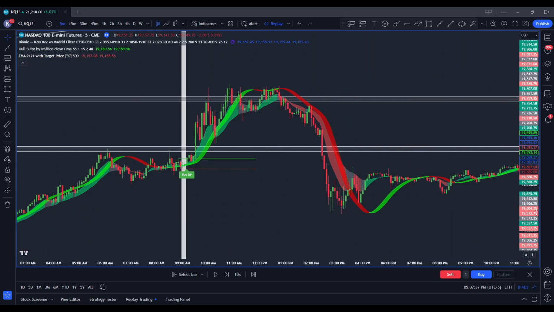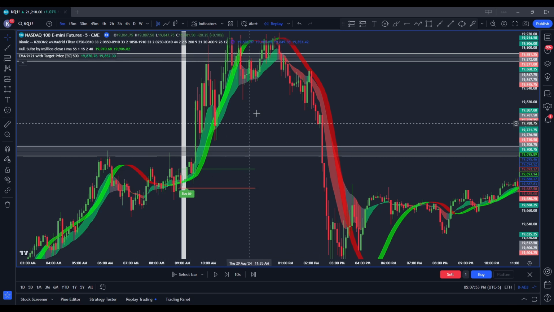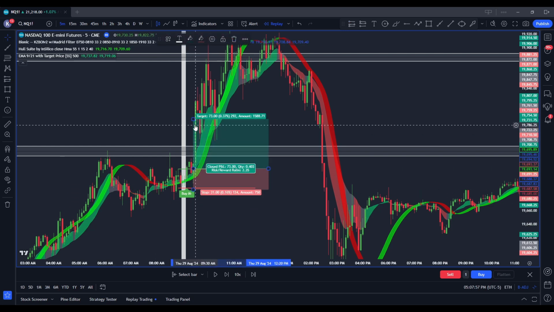All right, then we go to this day. Let me write down the day before, which is August 28th, -1, and then -500. Then we go to this day. This one's a win, a 1 to 4 trade, which is here.